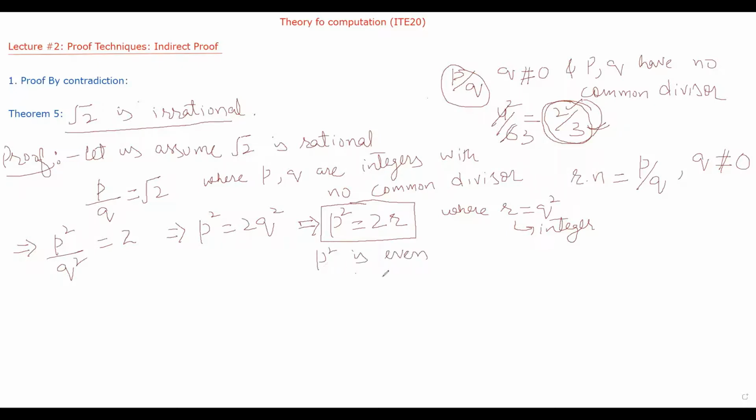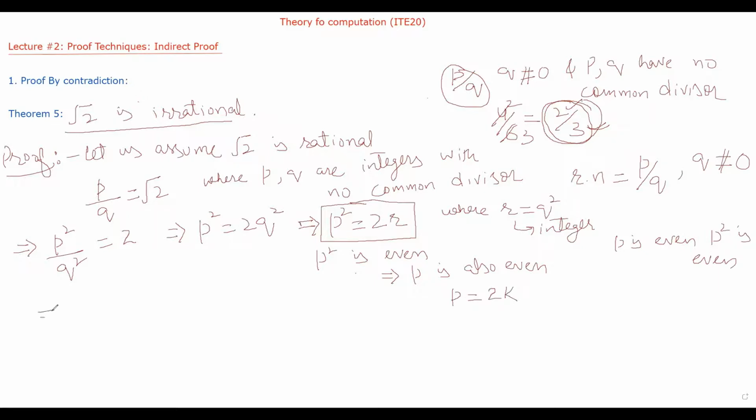So if p square is even, that implies p is also even, because we have proved in the previous theorems, theorem 1 and theorem 4, that p is even if and only if p square is even. So if p is even, then p can be written in the format 2k.